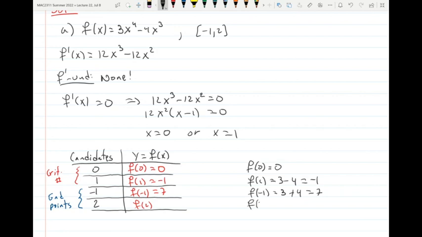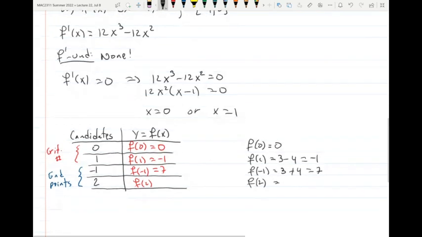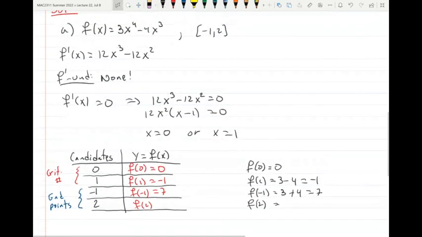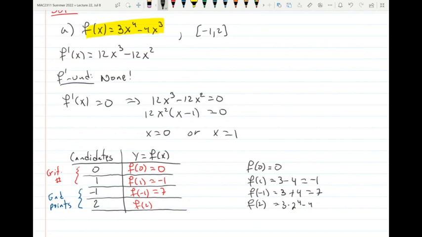And then f of 2, what is this? Also be careful. Notice that you need to plug into the original function f, not into the derivative, okay? So we are plugging in here, so be careful. Don't plug in the wrong place. Then f of 2 is going to be 3 times 2 to the 4 minus 4 times 2 cubed.